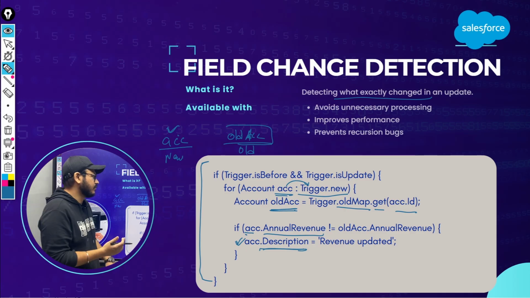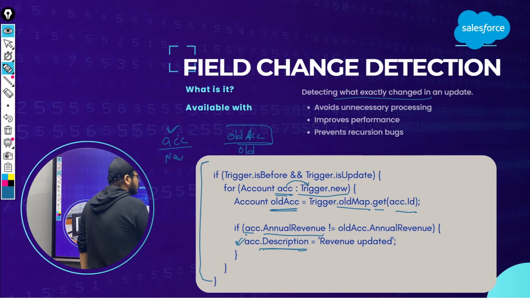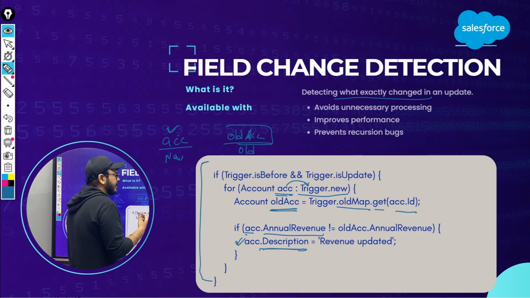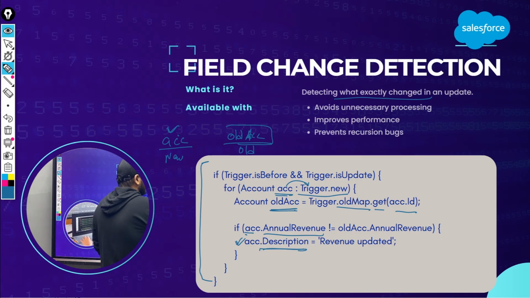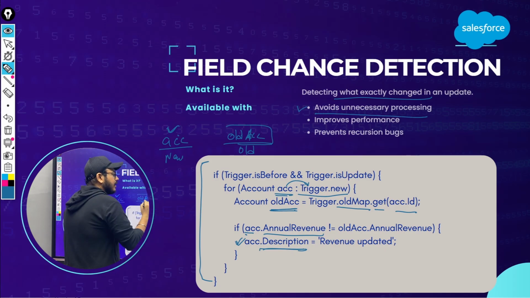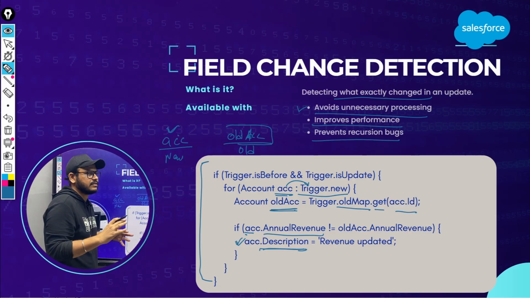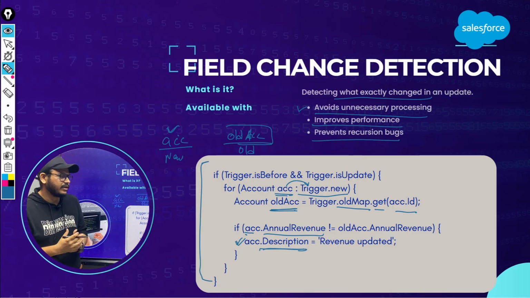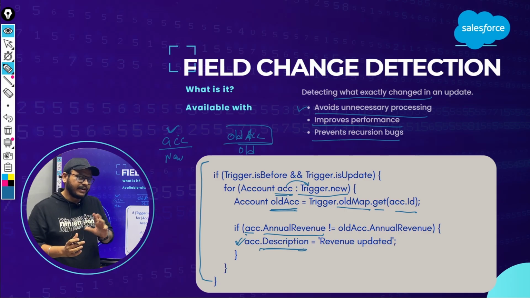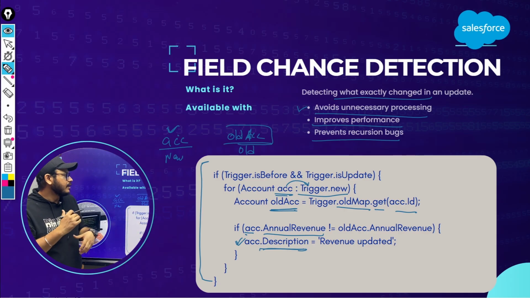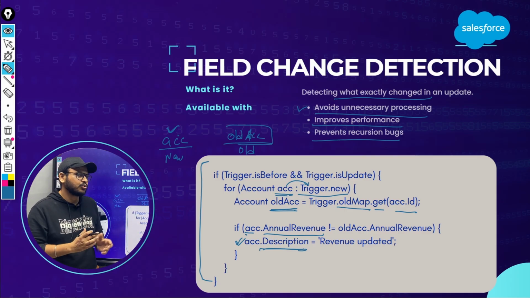So detecting field changes helps you avoid unnecessary processing, and eventually it improves performance and prevents recursion bugs. These are critical things which can be improved in your trigger if you use this logic.